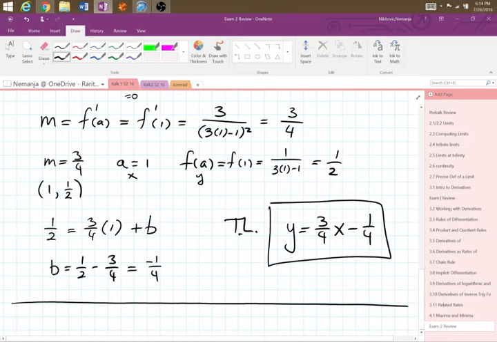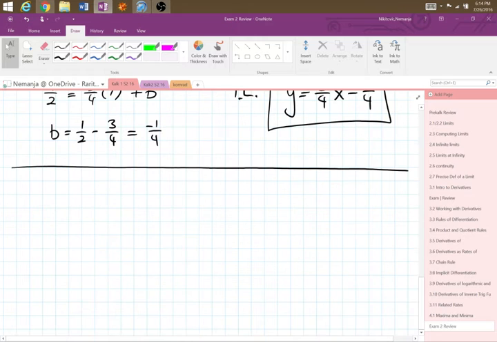It said find the inverse function and then the derivative, and the function was f of x equals the square root of x plus 18, for when x is greater than or equal to negative 18.